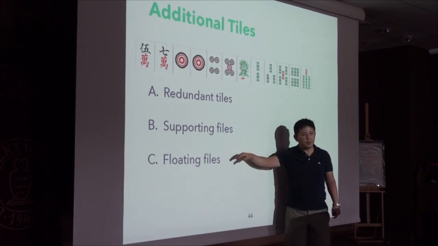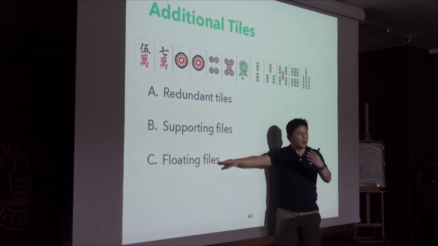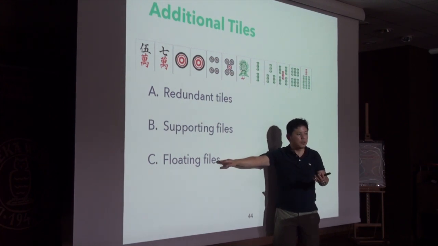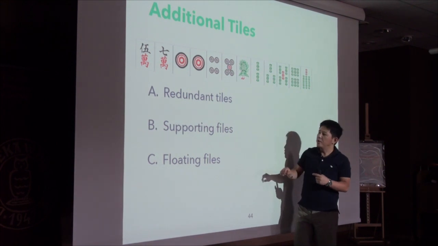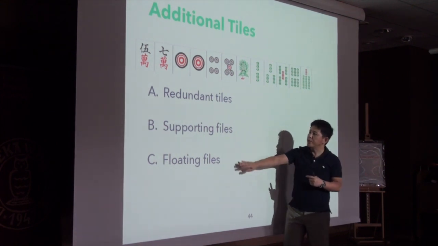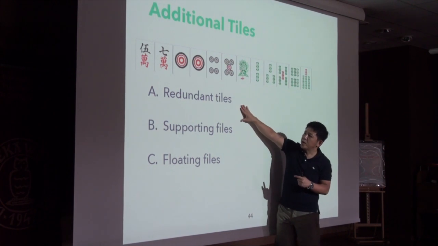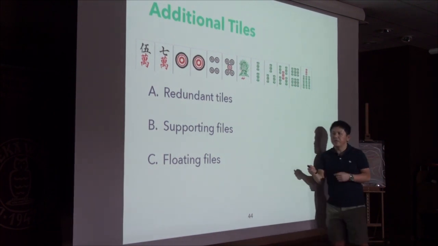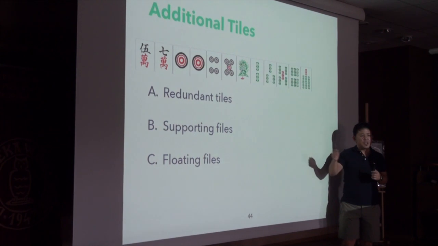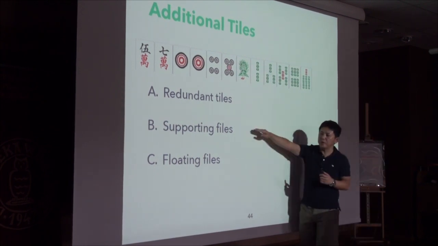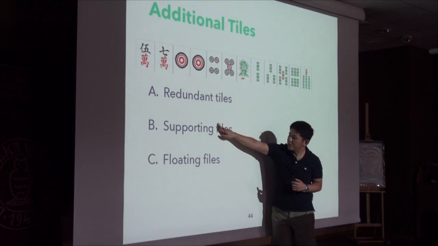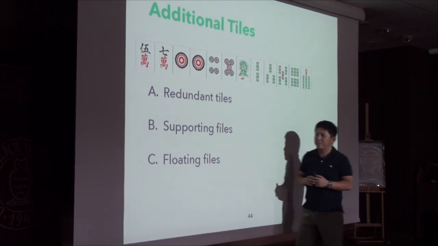It's just floating around, and that can become an extra block, right? But since we have exactly 5 blocks in the hand, we may not need a floating tile. The other 2 kinds are purely redundant tiles, tiles that you don't need for the purpose of winning your hand, and supporting tiles, right?